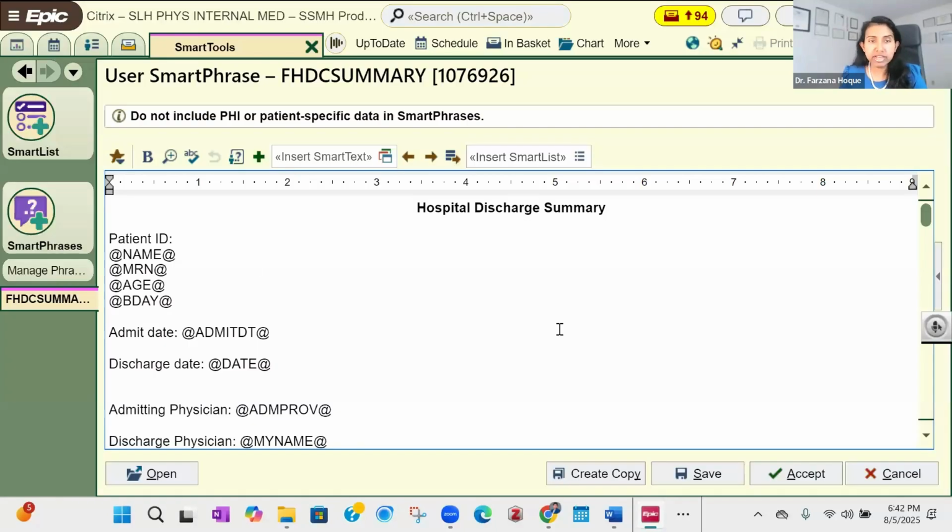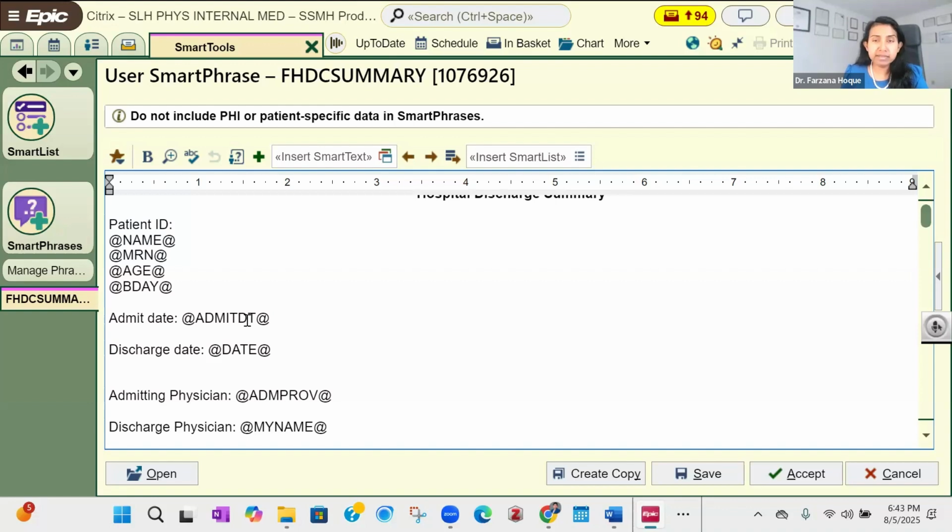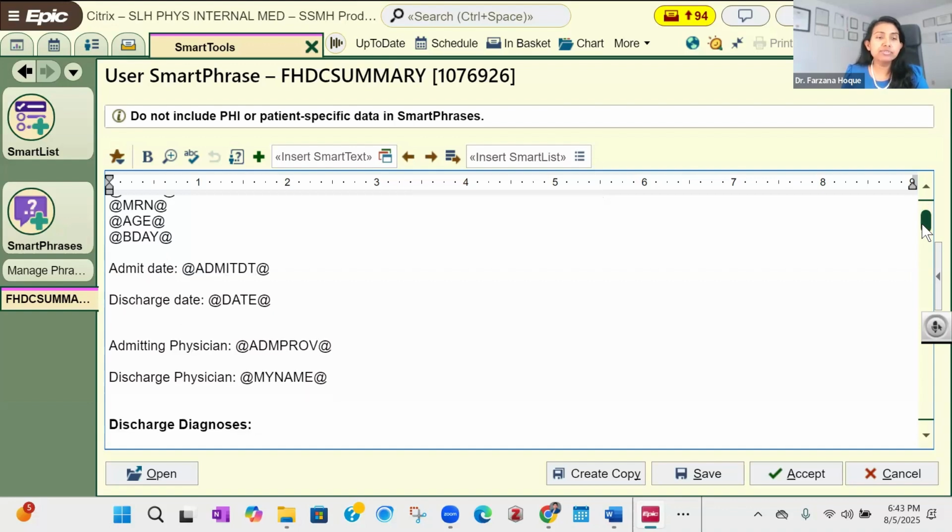As you can see on this screen, I have added the patient's name, MRN number, address, age, birthday. Then one of the important elements is the admit date. You need to include what time your patient was admitted and then the discharge date. After that, who is the admitting physician as well as the discharge physician?